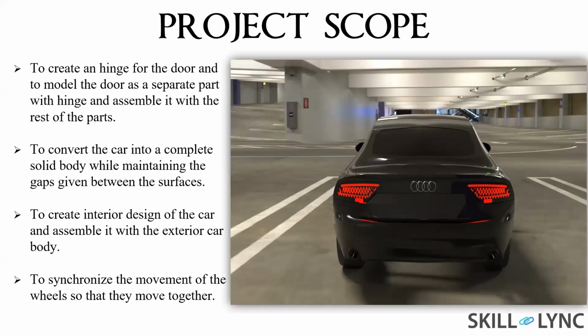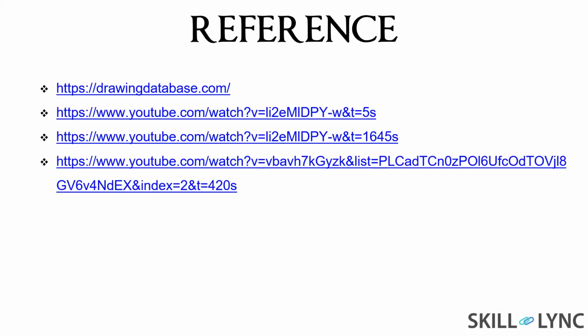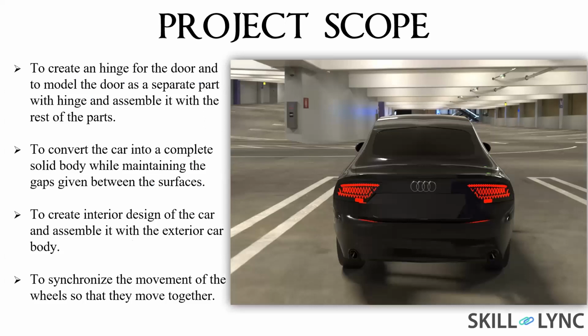And for future scope, I have decided to create a hinge for the door, so that I can create the door as a separate part with a hinge on it, and then later assemble it with the rest of the body. And also to create a solid car body, since it has gaps between the surfaces right now that I've given myself. In a real car we have some separations, like the back door or the side doors and the mirrors have separation between them, so I have tried to give it a more realistic look, which is the reason I couldn't create the whole car body as a solid body.